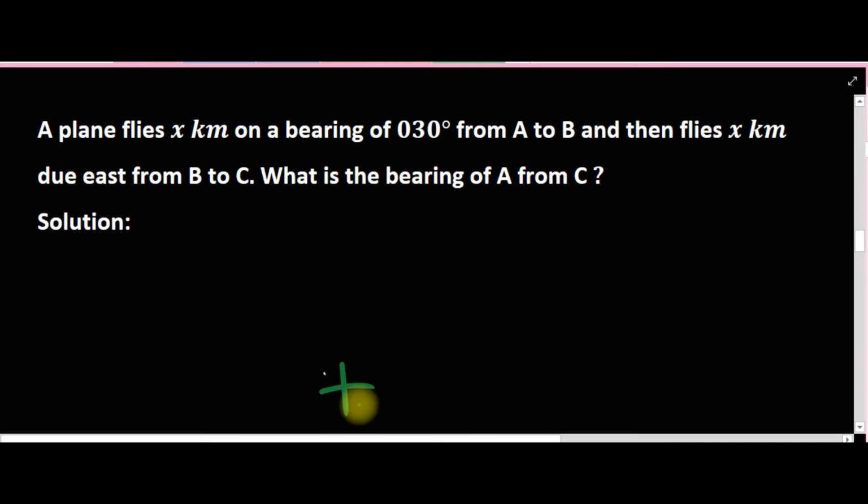So they said x kilometers on a bearing from A to B. So this is my A. On a bearing of 30. So from here to here, this is B. They said from here to here is 30.